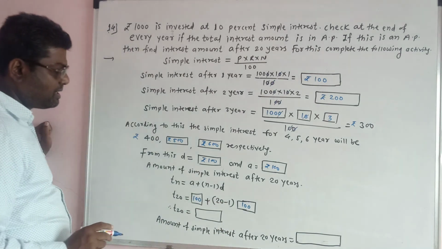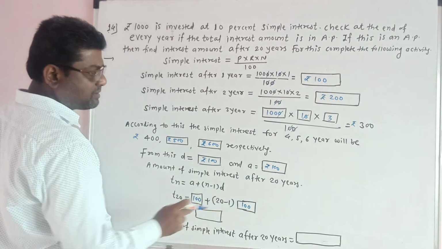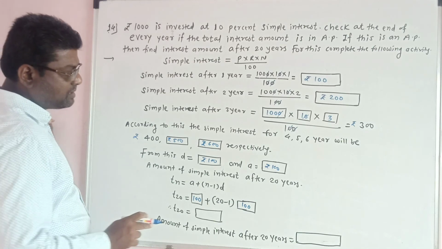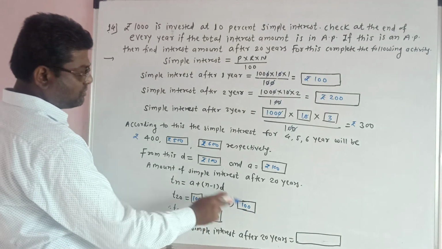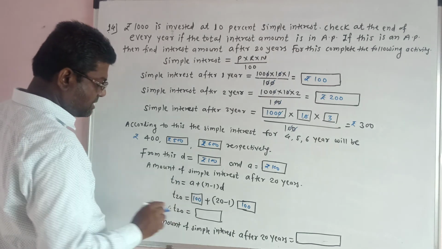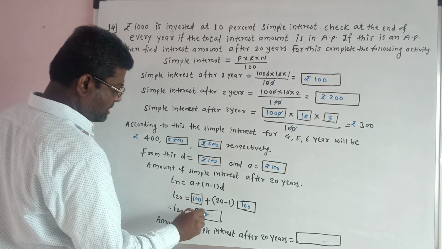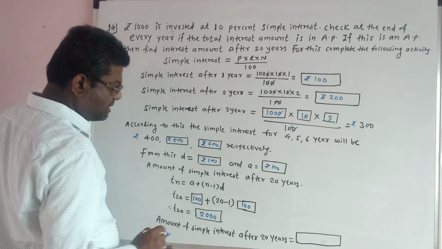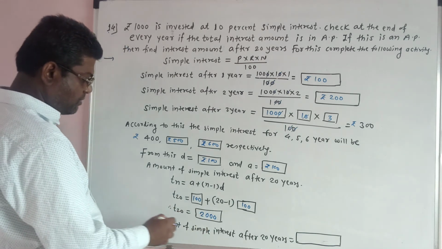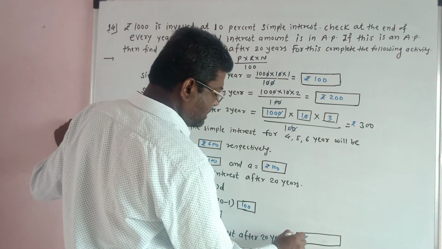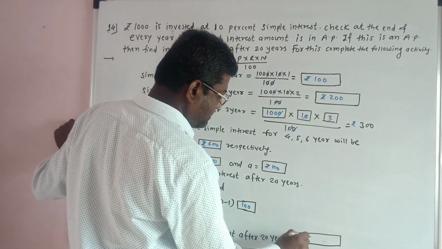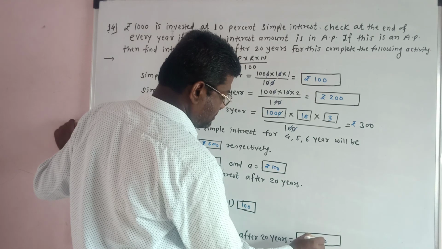So it will be 100 plus 19 into 100, which is 1900, and 1900 plus 100 will be 2000. Therefore the amount of simple interest after 20 years will be rupees 2000.